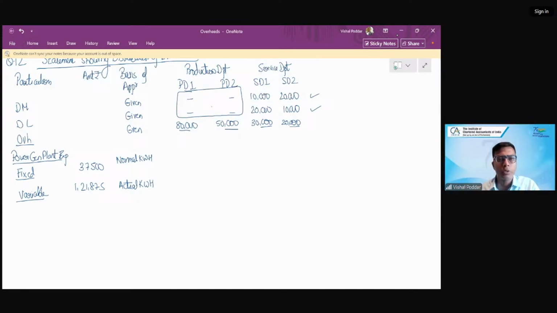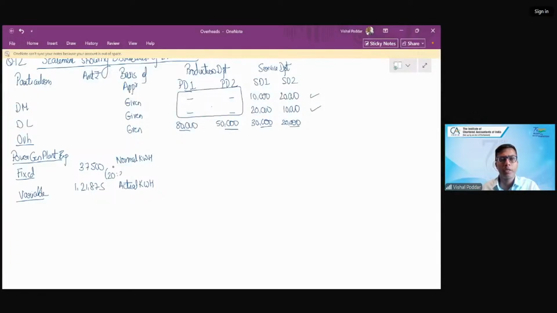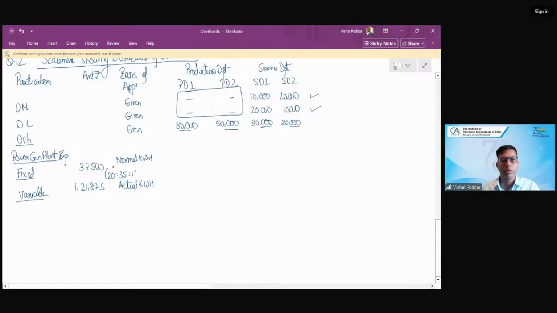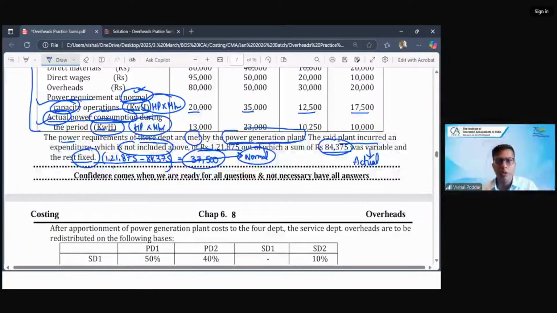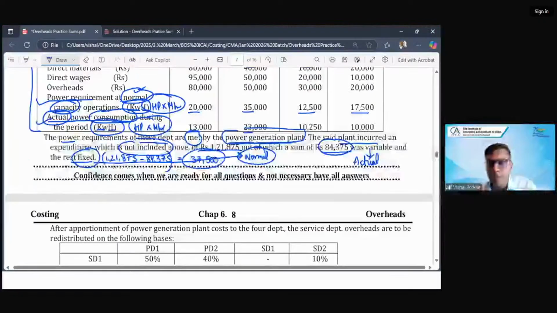Now, how much is normal KWH? 2035. See, again, you have to be careful. If you are taking 2035, then this will be 12.5 and 17.5. Similarly, actual is 1323, and then it is 10.25 and 10.